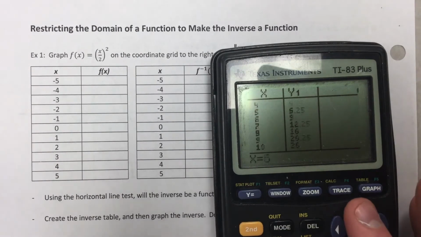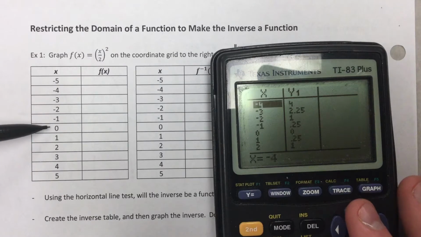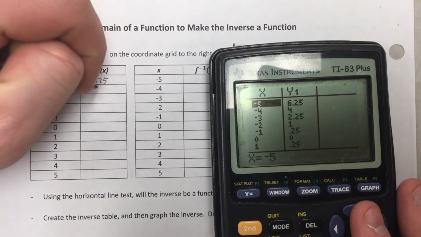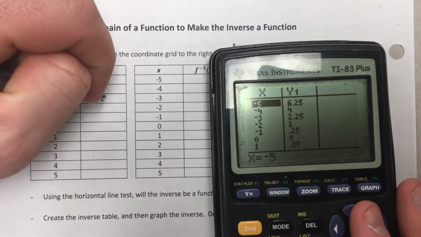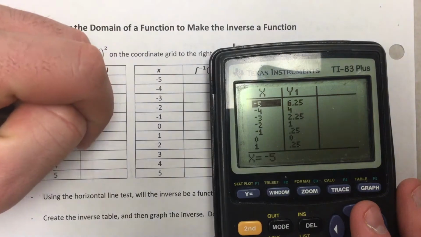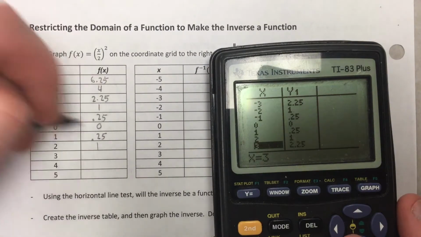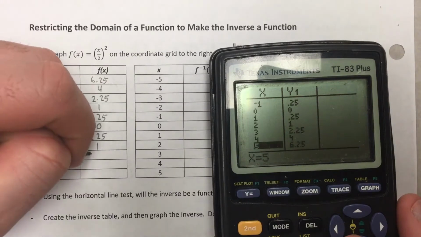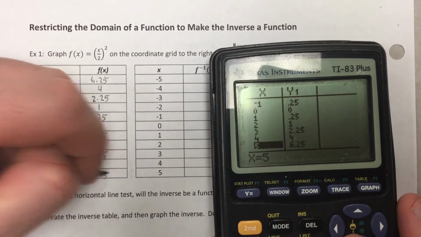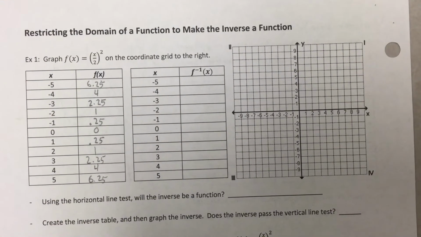And our vertex is at 0, 0, and we do have our x values that we want, so we're going to have 6.25, 4, 2.25, 1, 0.25, 0, 0.25, and then we're going to see the symmetry, 1, 2.25, 4, and 6.25. We're going to graph that.